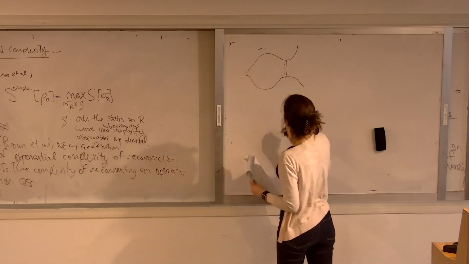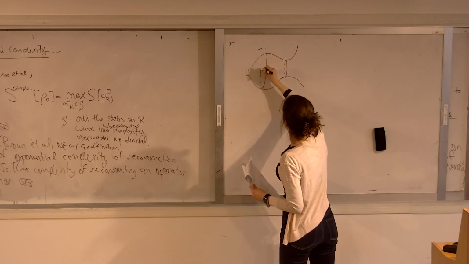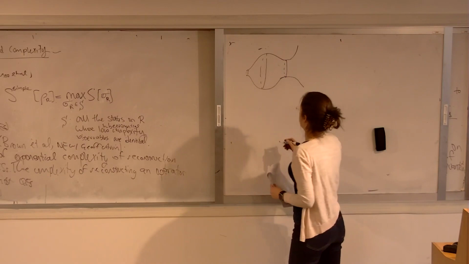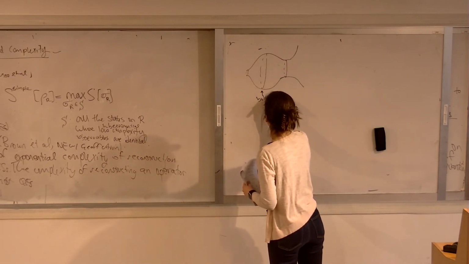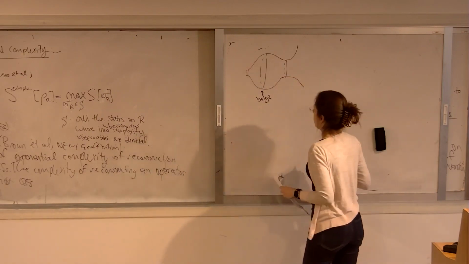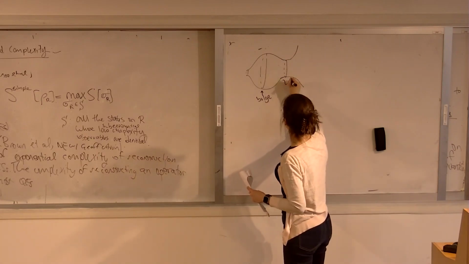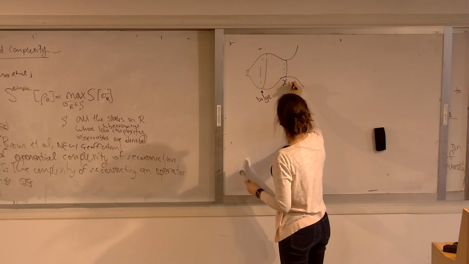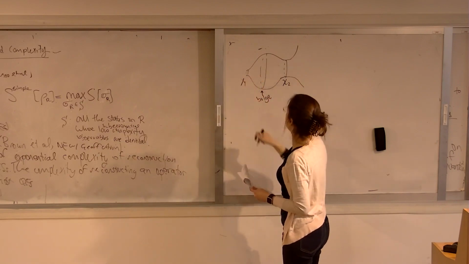And you can prove that between them, there's a maximal quantum extremal surface. This is a geometric argument that you can show. We call this the bulge of this thing. And so the complexity of reconstructing between this chi, which I'll call chi 2, this is chi 1, the minimal one, this is the outermost one.